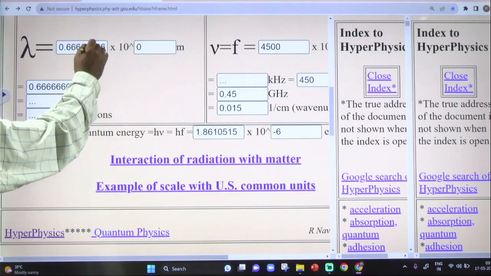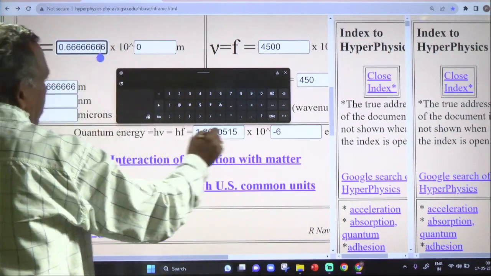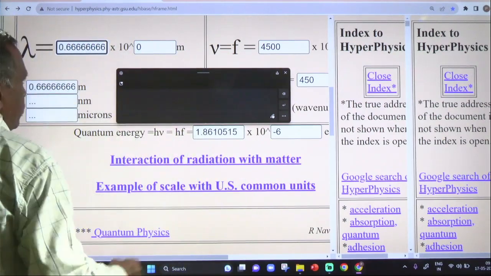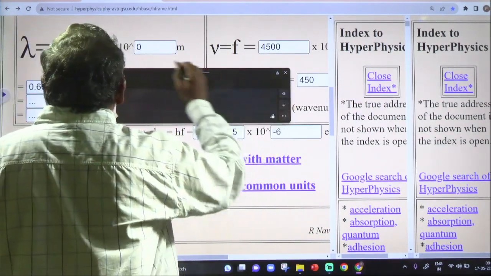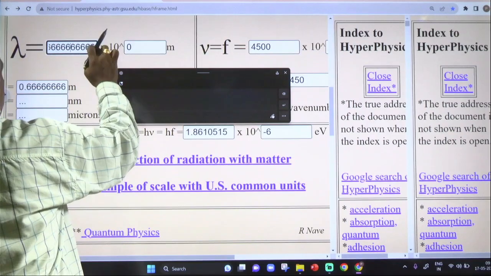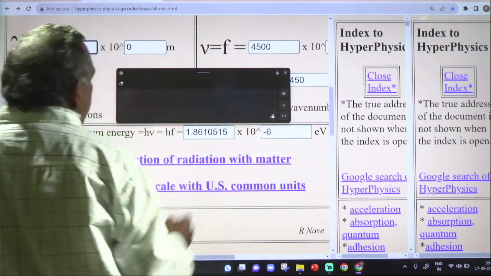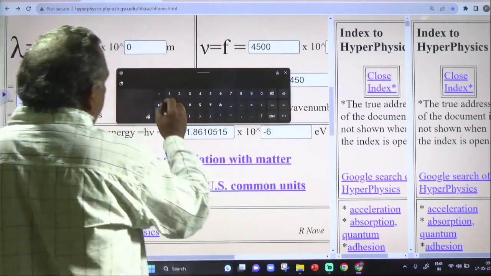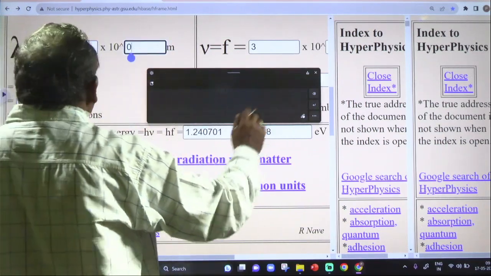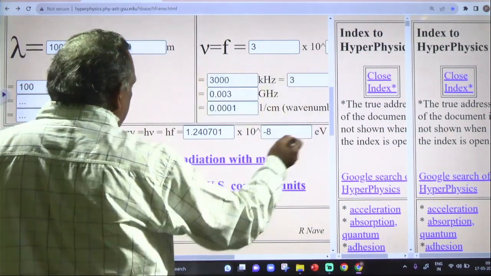For example, you take some lambda value, say lambda is 100, that is 100 meters. What will be the electron volt?